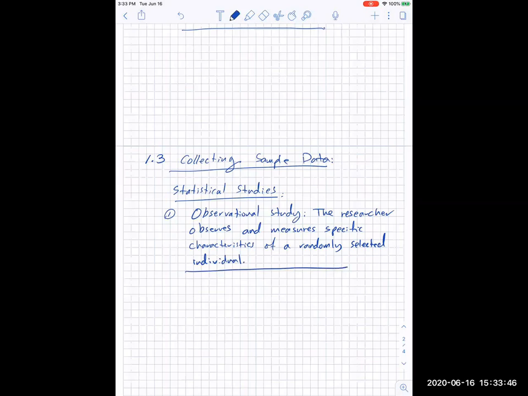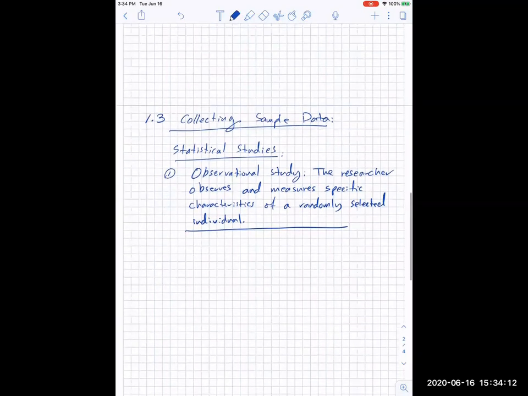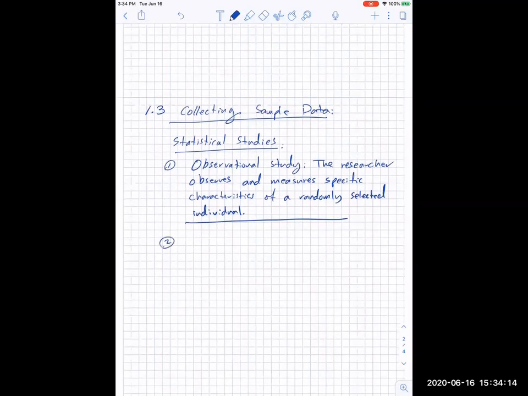So the researcher, the person who is conducting the study, collects data by observing, by measuring specific characteristics of the individual. There is no application of any treatment here, no treatment being applied to the individual. This is called an observational study. The other type of study we have is the experimental study.